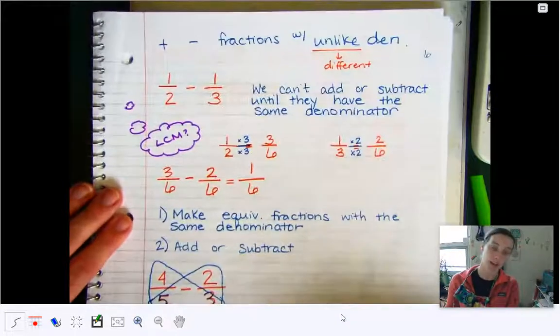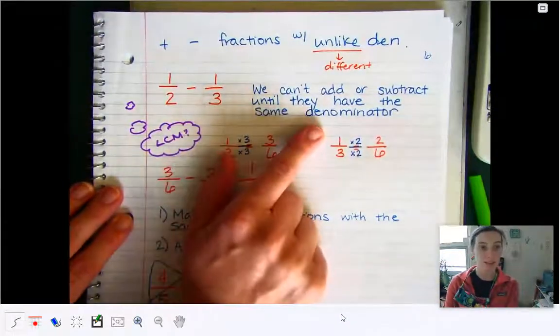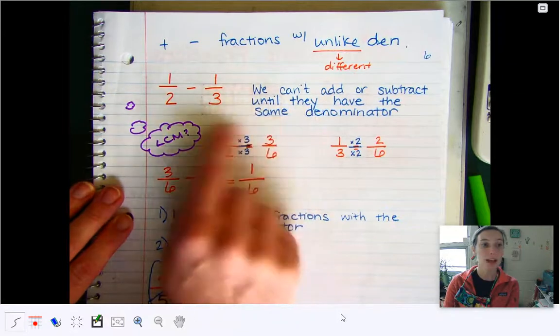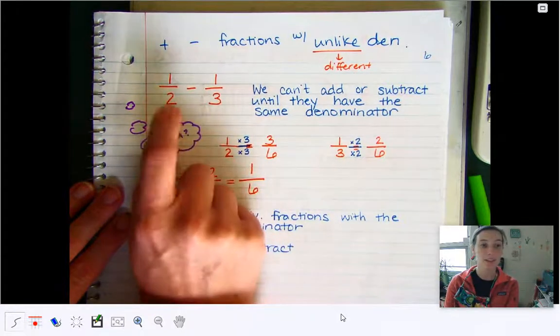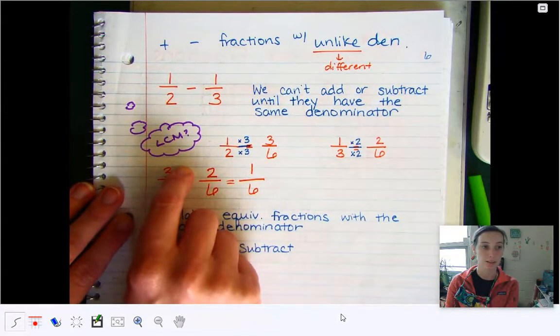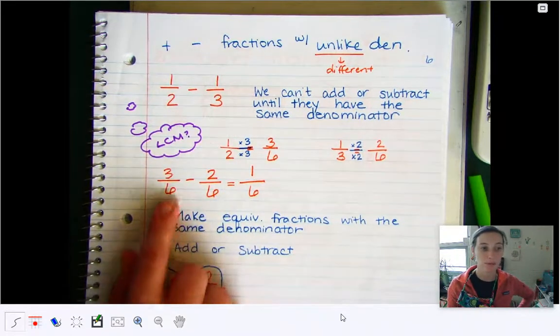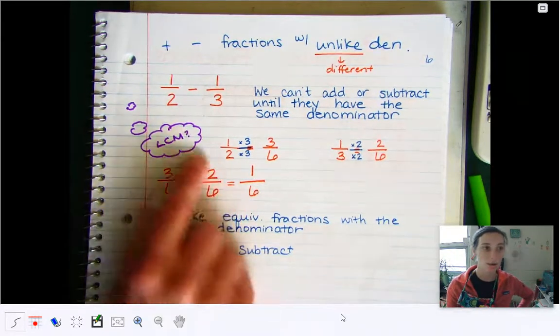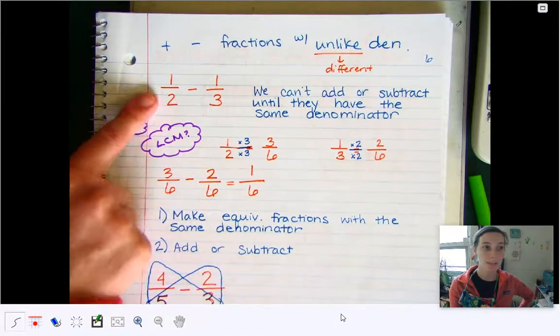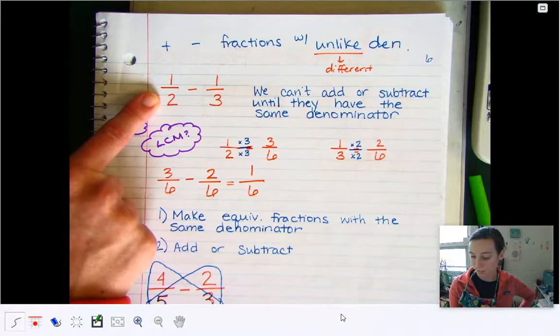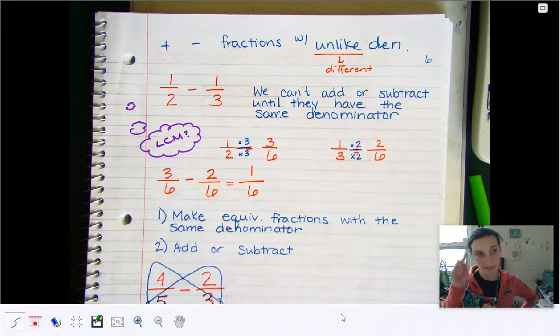So sometimes, most of the time, we have fractions that have different denominators. We can't do anything with them until we change the denominators and make it a common denominator. So this is where we have to come up with equivalent fractions. So I need to come up with a fraction that means the same amount as this, but has a different number on the bottom. So we can think of the least common multiple.